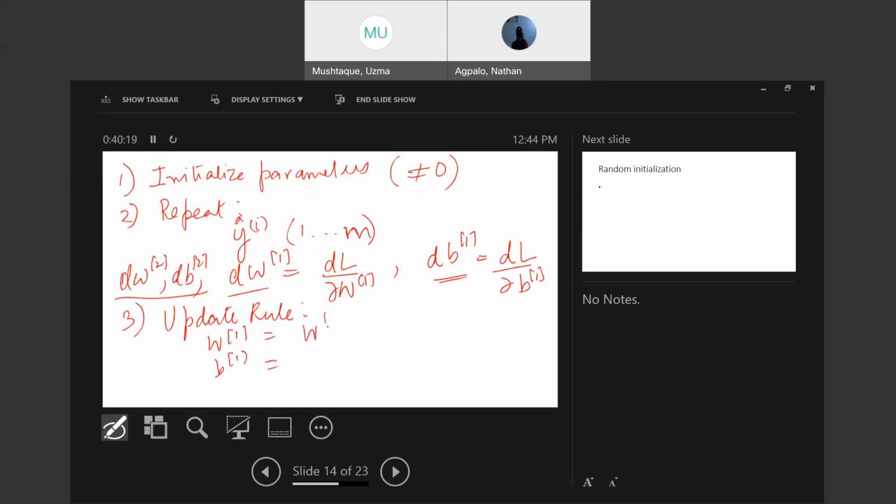So again, similar to what we had, W1 minus eta dW1, where eta was the learning rate, and then B1 minus eta dB1. Okay, so this is one iteration. Obviously, you'll be doing that multiple times, and then you will also do it for the second set of weights. And that's it. Right?